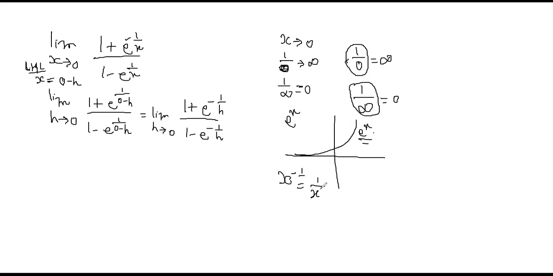This is known as reciprocal. Yes, I know the minus 1. So here you can write limit h tends to 0, 1 plus 1 by e raised to power 1 by h, divided by 1 minus 1 by e raised to power 1 by h. Got it?